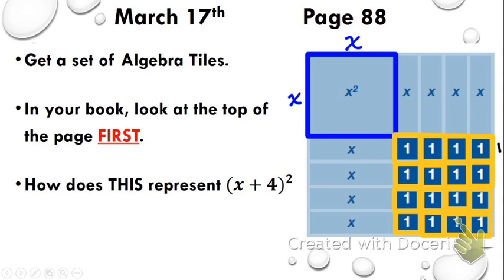Okay, so 1 plus 1 plus 1 plus 1. What's 1 plus 1 plus 1 plus 1? 4. Same thing across the bottom, right?